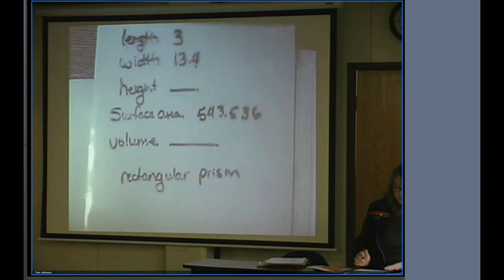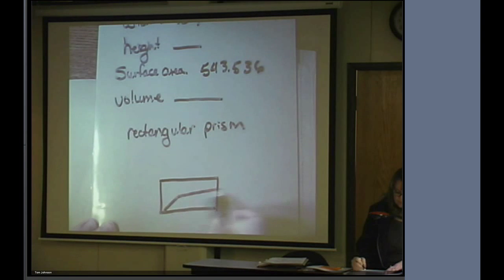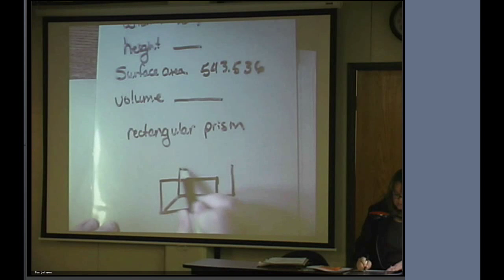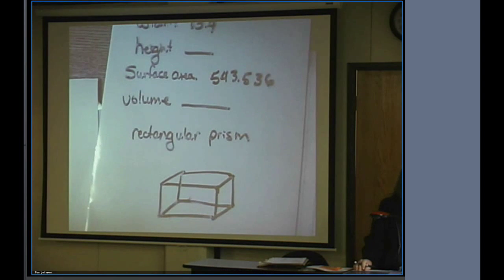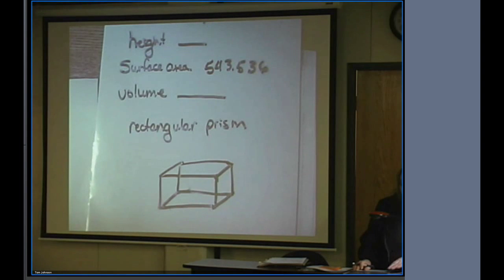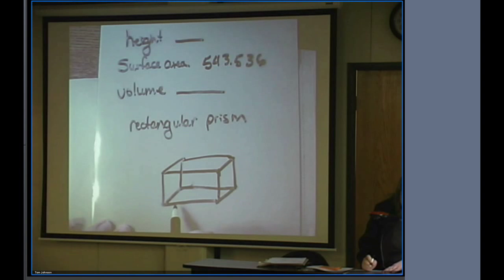So let's draw a picture. So we've got a rectangular prism. I'm going to go ahead and label this. The length is 3.